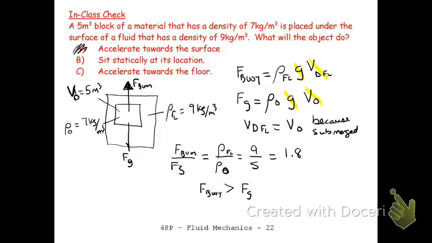It's almost 2 times as much buoyant force as weight. Cool? Frankly, you could write down, if you liked, density of fluid is bigger than density of object, so it goes to the surface, because it depends on the densities.